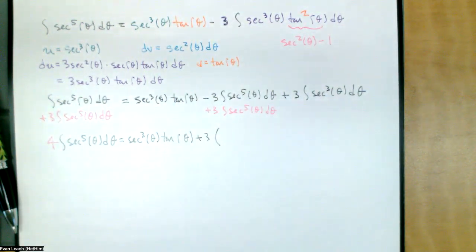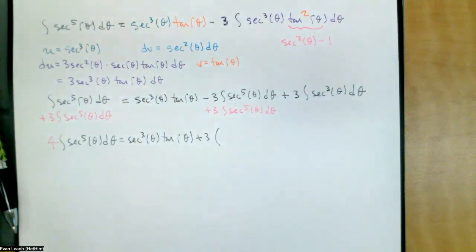So the integral of secant to the 5th theta is what we're looking for. So we add that to both sides. We just gather all those like terms. And the remaining secondary integral, secant cubed, is one that we already know.